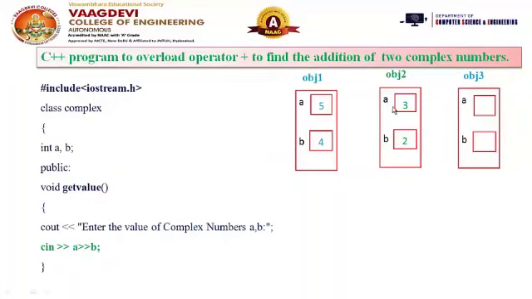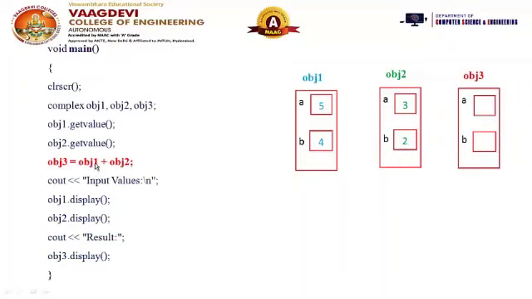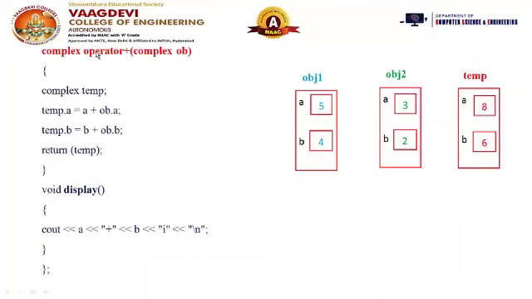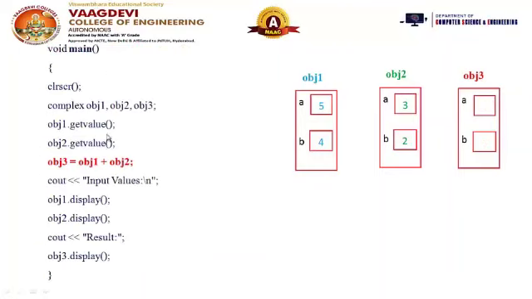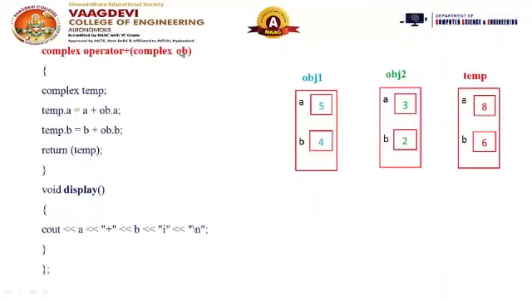At this statement, plus is operating on object 1 and object 2. Therefore, object 1 calls the operator function implicitly, whereas object 2 is passed explicitly as an argument to OB. Inside the function, at this statement, it creates a temp object of the complex class. The data type for the temp object is complex, so the return type of this operator function should be complex.